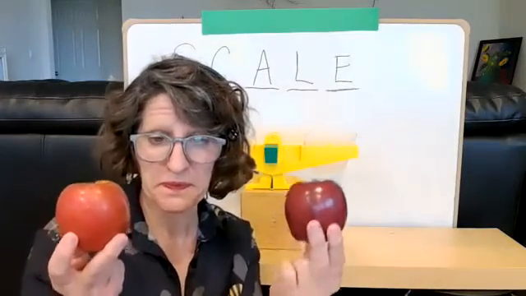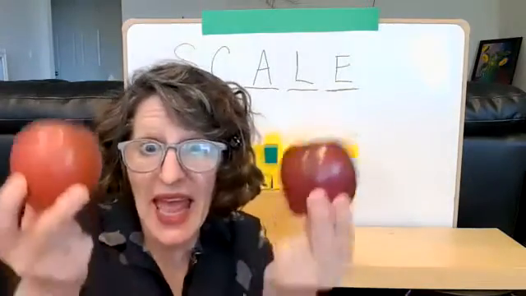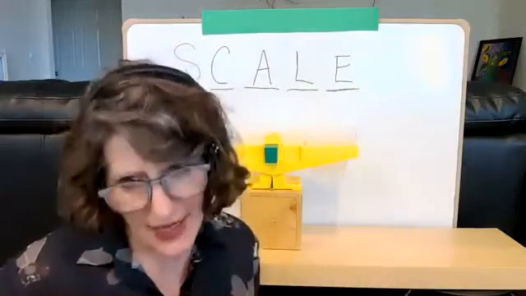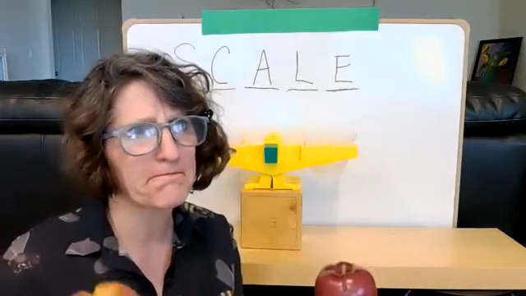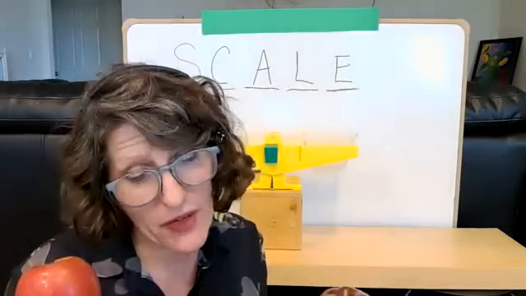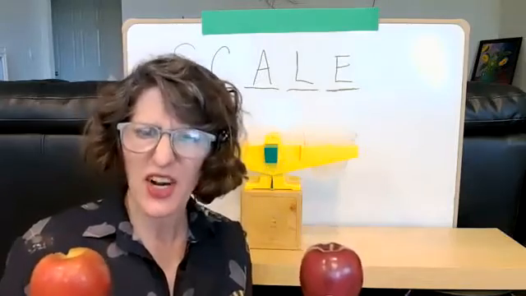Maybe. And if we were together, I would hand these to you. And you would be able to use the tool of your hands and your own judgment to kind of go, one of them is heavier. If they're quite a bit heavier than each other, you can tell that. If they're very close, it's a little bit harder to tell.